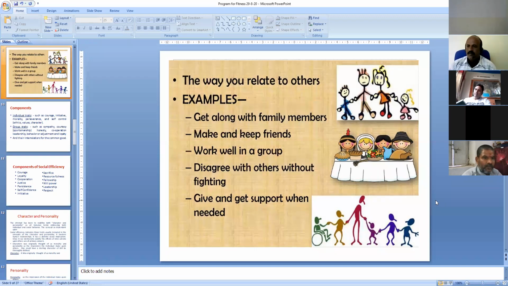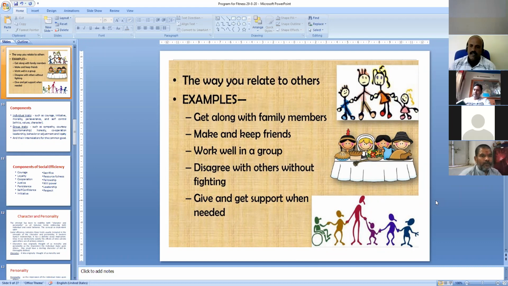In a group, how you work is also an example of these social qualities. Disagree with others without fighting. When you are discussing some points, or while taking a decision, we sometimes disagree with others, we don't agree with their decision.